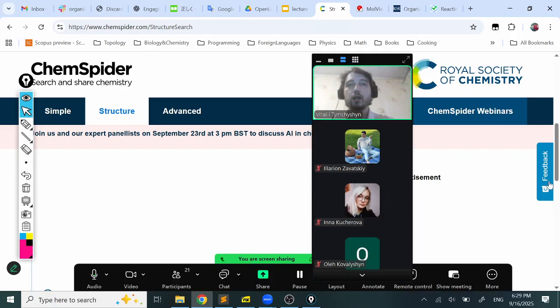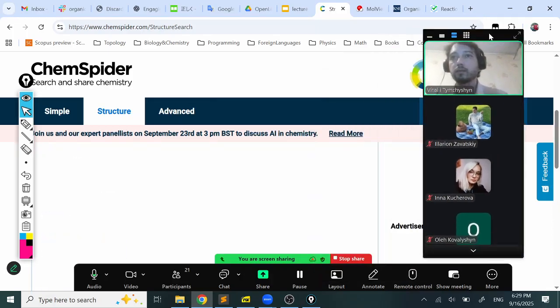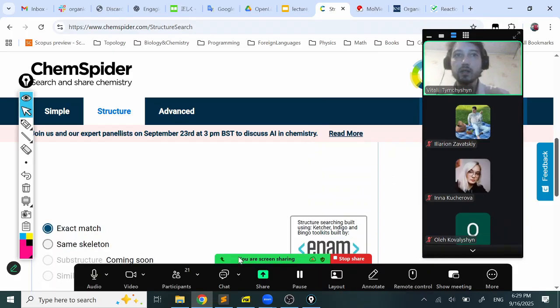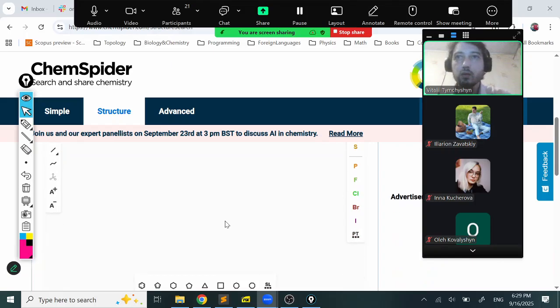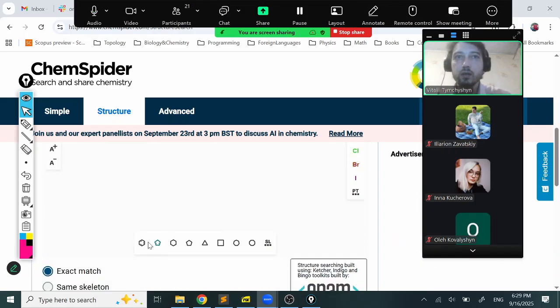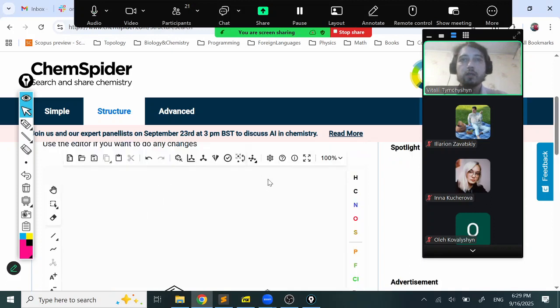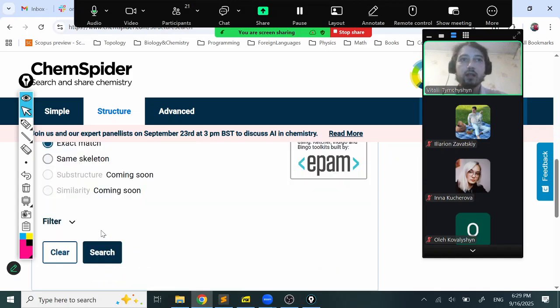So you can just go to this site, you can choose structure. Here you can draw this structure, so it's a little bit crowded here. Okay, so let's just draw something trivial like benzene, and I want exact match, and I ask for search.